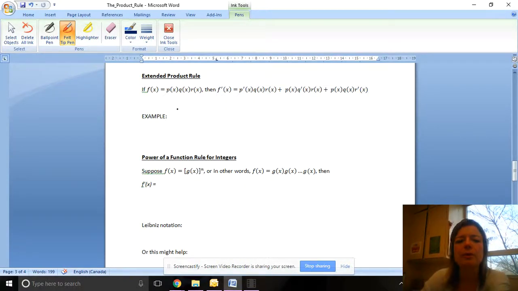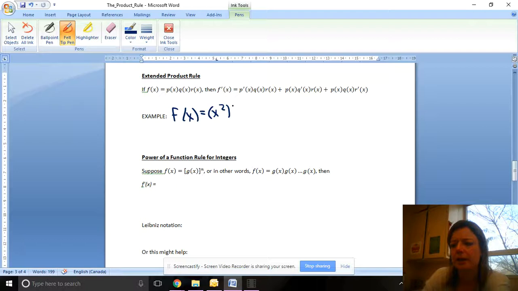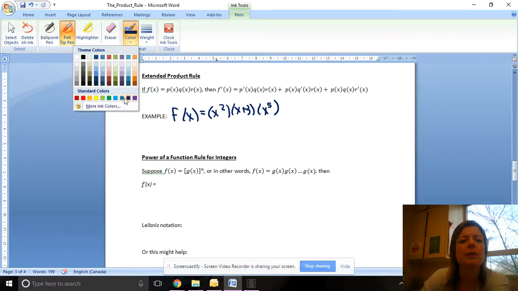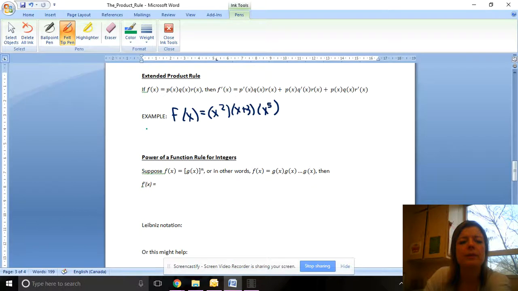Okay, so for example, I'll do a simple example here. You have x squared times x plus 3 times x to the power 5. Okay, so these are 3 functions multiplied together. The derivative, it's long. Okay, so you take the derivative of the first guy, so 2x, x plus 3, and then keep the other 2 the same.